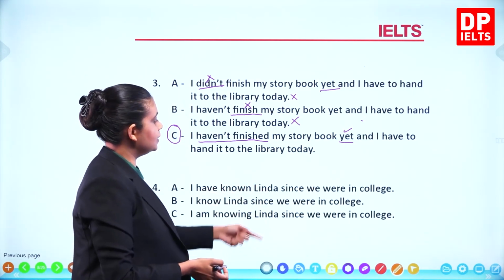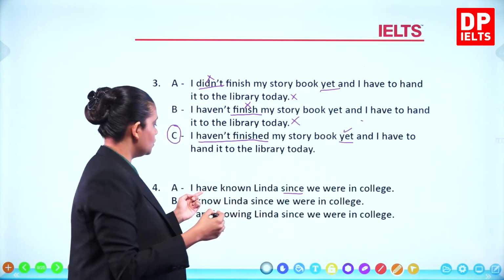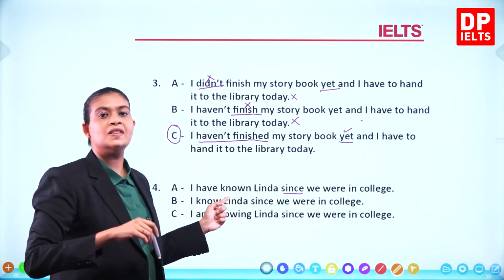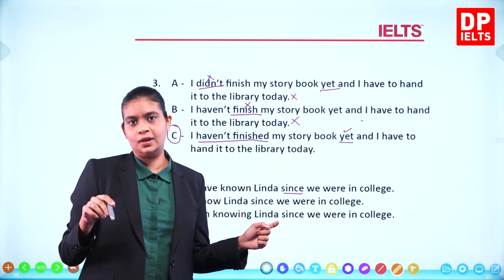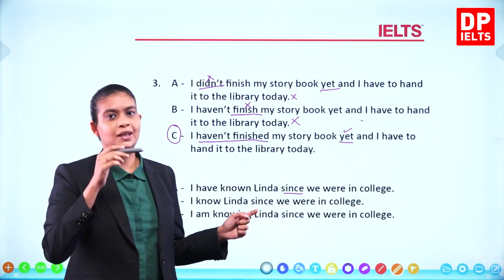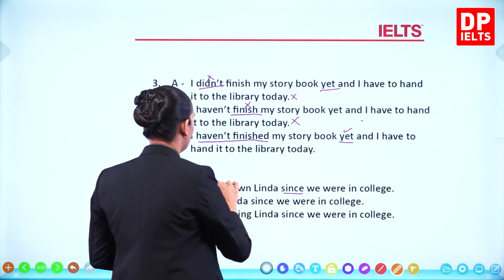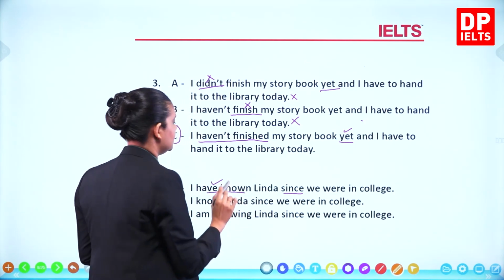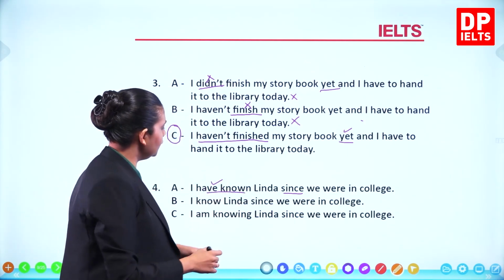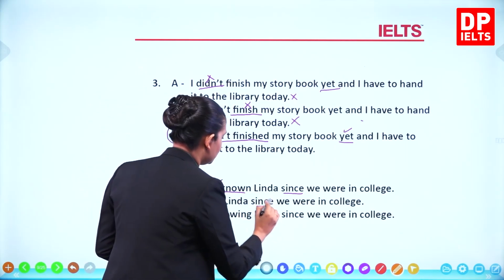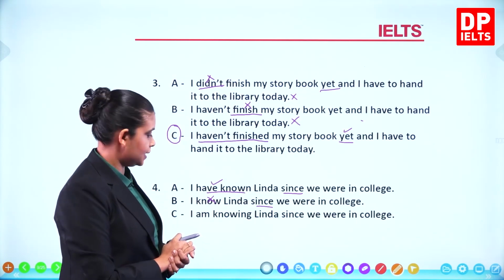Now, let's look at the fourth question. "I have known Linda since we were in college." "Since" is the start time, so it should be in the present perfect tense. Now, "I" is singular, but I showed you it acts like a plural. So, "I have known", "know" plus the past participle is fine. "I know Linda" is wrong, because when "since" is there, you can't use the present tense.